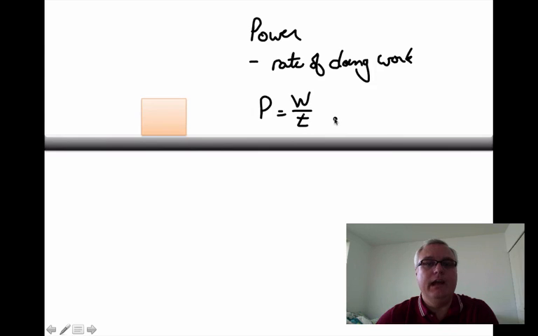It's a rate. How fast are you doing work? And power is measured in units of watts, which unfortunately have an uppercase W as their symbol, and which is confusing because work is also an uppercase W, but power is measured in watts.